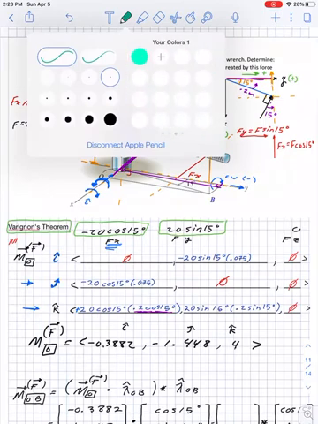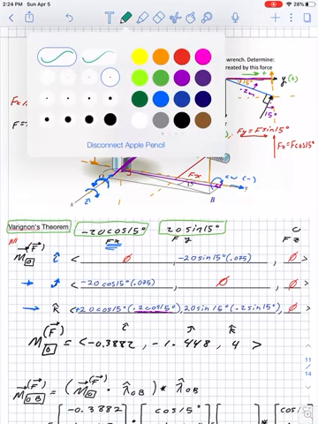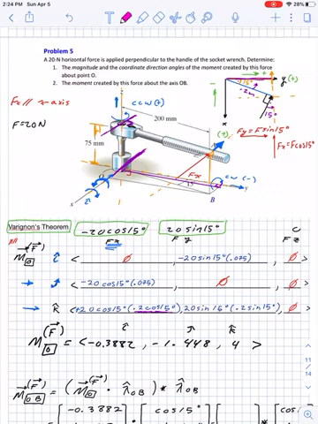I don't like that color. We need a strong color. Let's do pink. So now let's do f of y. Now f of y at that point, let's see what's going on in the I direction.